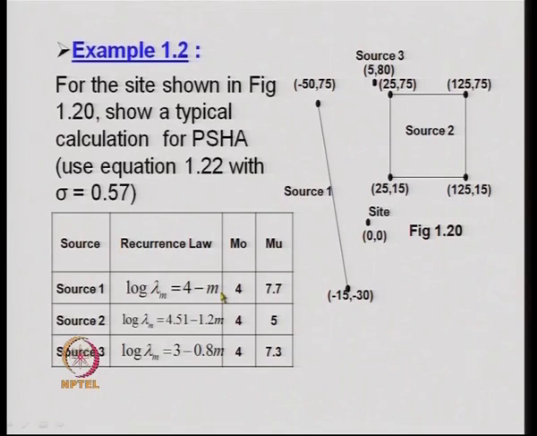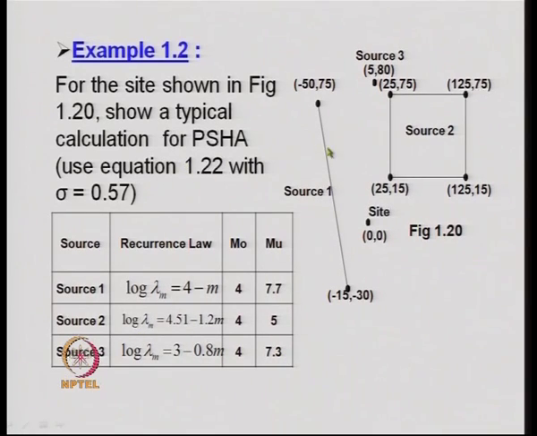The minimum value of the magnitude of earthquake is considered as 4. The maximum value of the magnitude of earthquake for each source is given over here. For source 1 it is 7.7, for source 2 it is 5, and for source 3 it is 7.3.